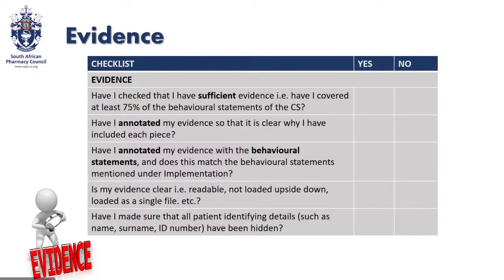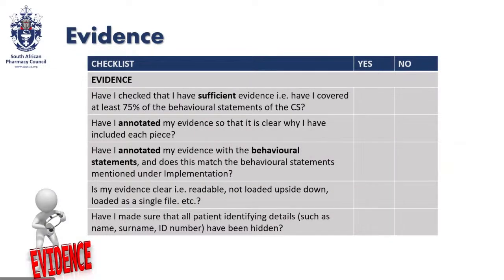So the evidence checklist. Have I checked that I have sufficient evidence and covered at least 75% of the behavioral statements? Have I annotated my evidence clearly? Have I annotated my evidence with the behavioral statements? Is my evidence clear, readable, not upside down, and in a single file?